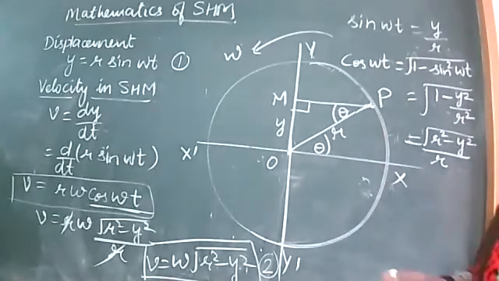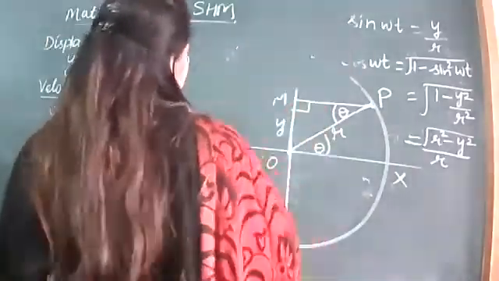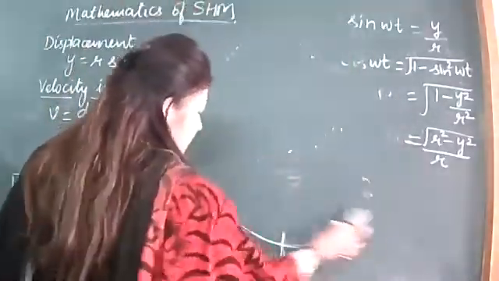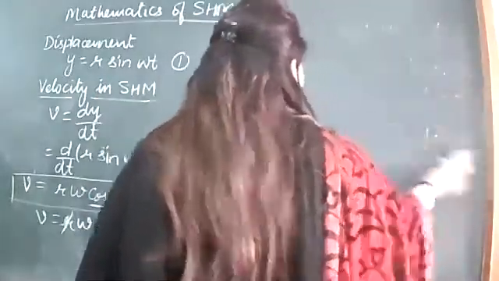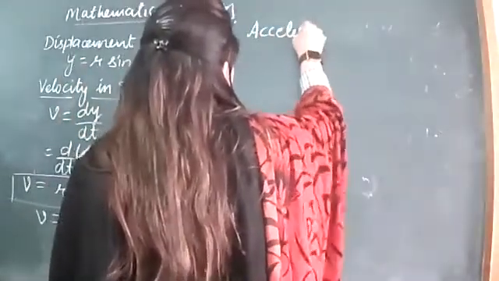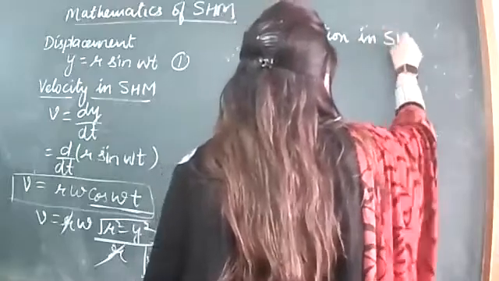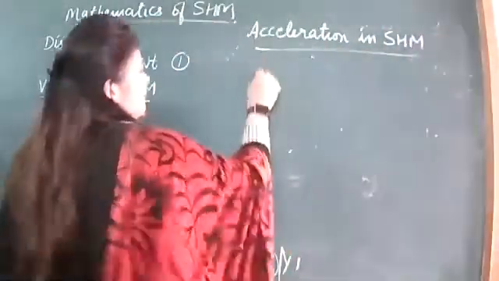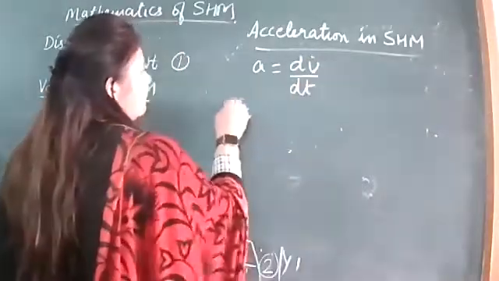Now we are further to find acceleration. So I am going to rub this reference circle. Let us now find acceleration in SHM. And you know, acceleration is rate of change of velocity. So once more we will be differentiating.